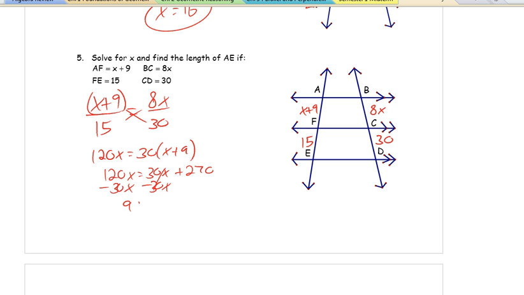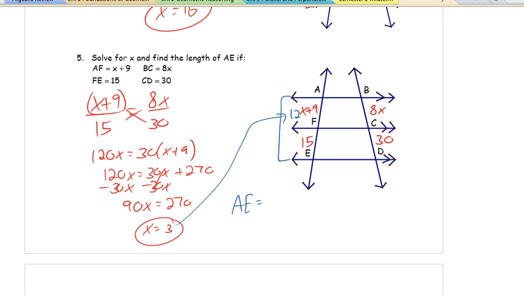You guys are probably already way ahead of me. So x is going to be 3. There's one piece of my answer, and then to find AE, I need to plug it in here. So 3 plus 9 is going to give you 12. 12 plus 15 is going to give you 27.